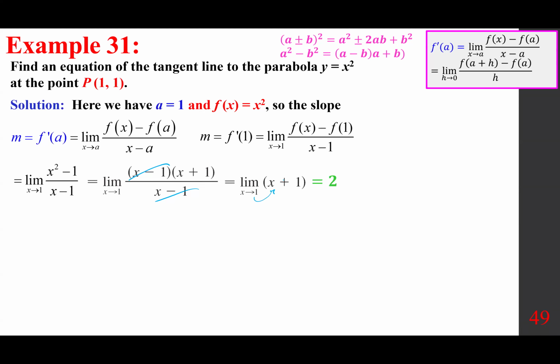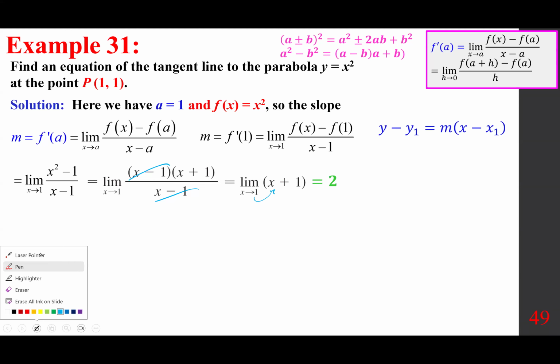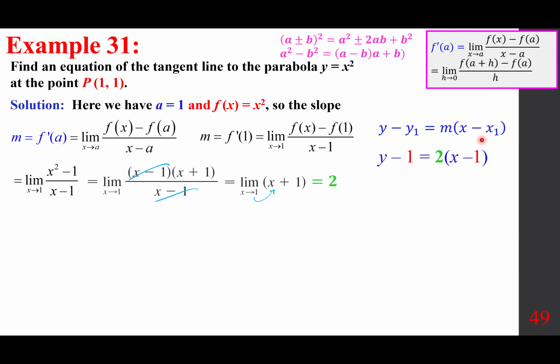Now, of course, y minus y1 equals m times x minus x1, which means y minus 1 equals 2 times x minus 1. y equals 2x minus 1.